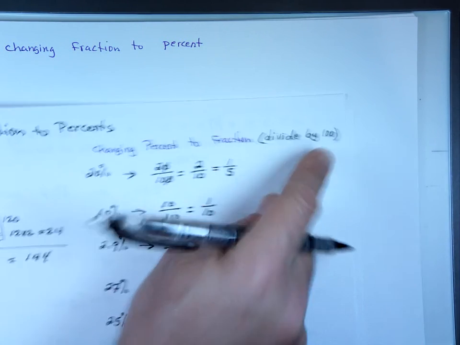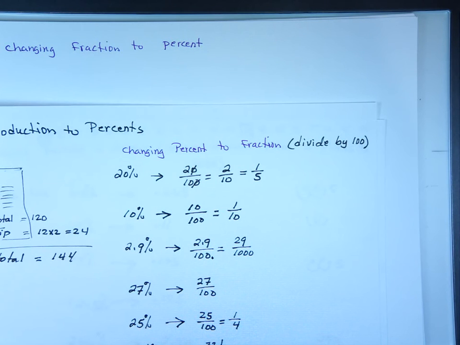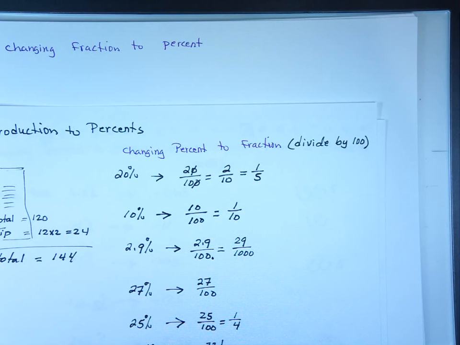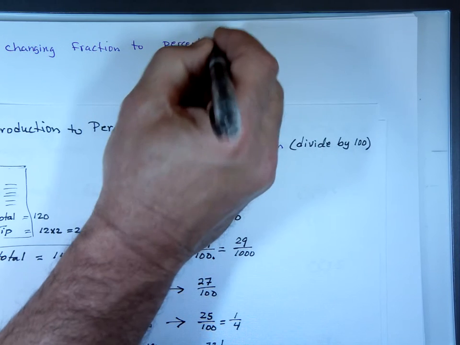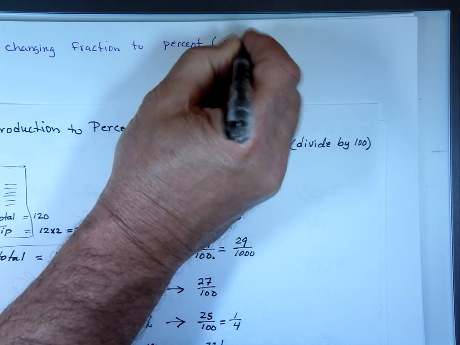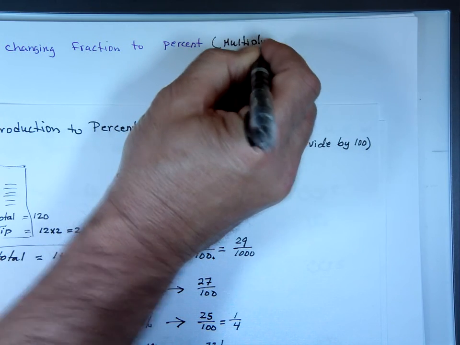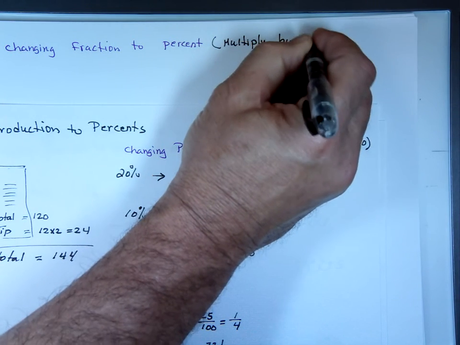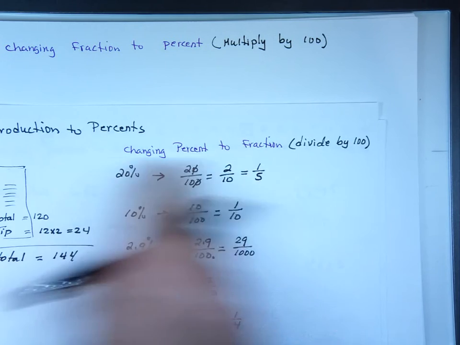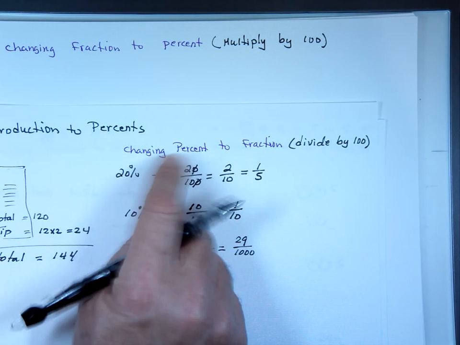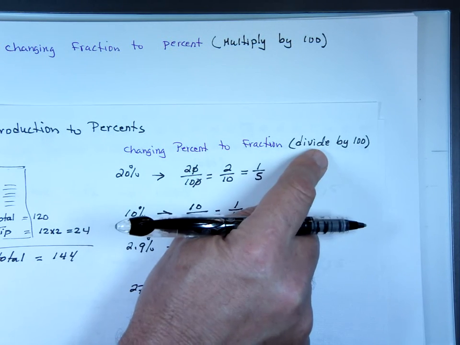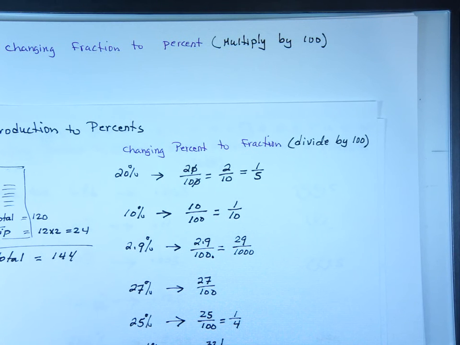So what do you think the opposite to dividing by 100 will be? What is it? Multiply. Multiply by 100. So once you remember this one, you go percent to a fraction, I got to divide, then the other one has to be multiplied. The reverse of that.